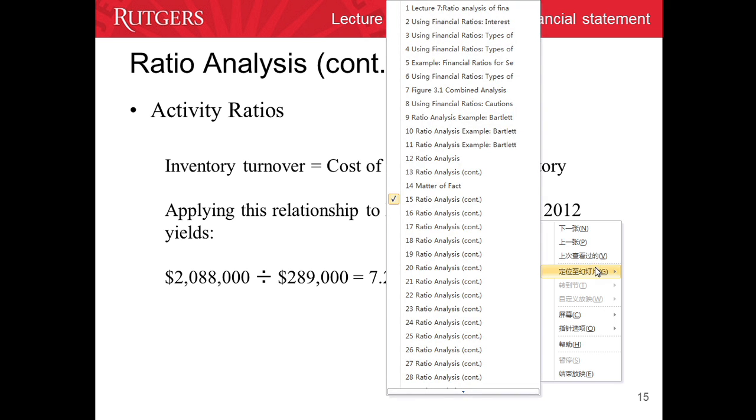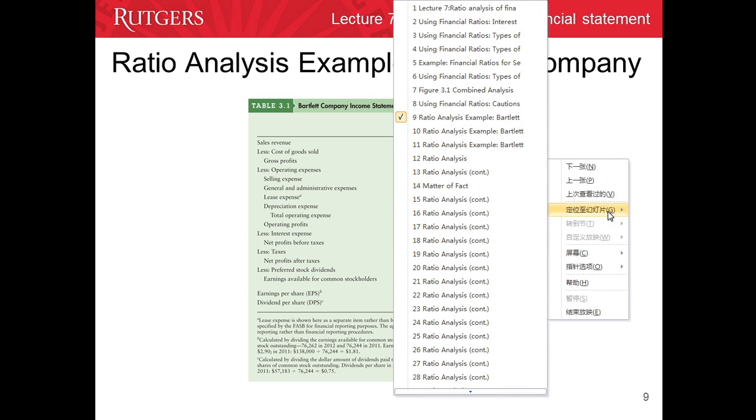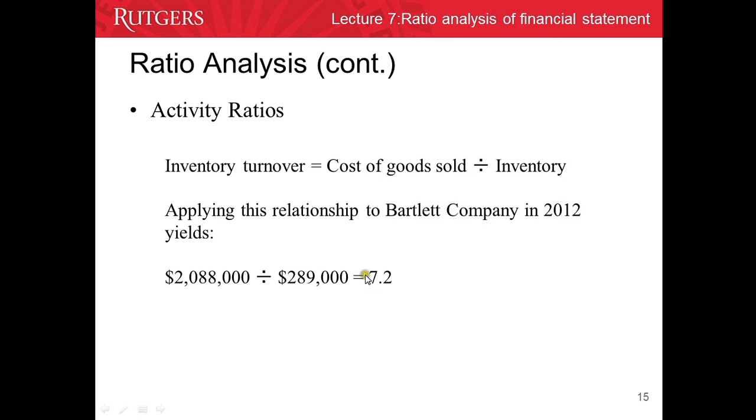When we go to the example, we can see that in the income statement, the cost of goods sold equals 2,088,000. So we just use this number divided by the inventory, 289,000. The result is 7.2.